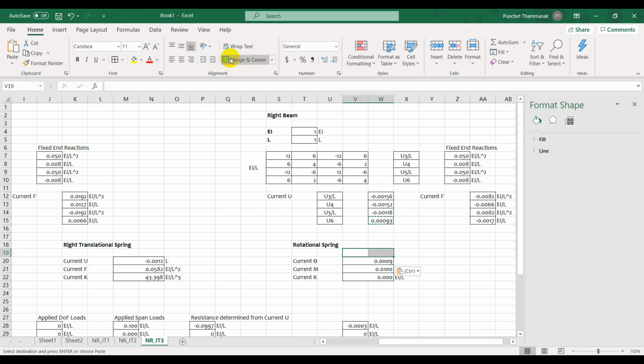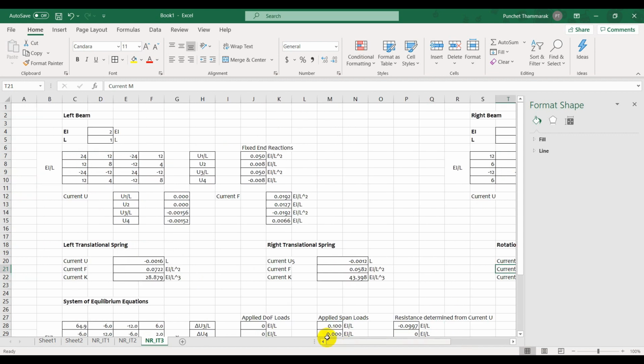Basically, it should make it like saying this is U what? U5, right? Current theta or current U6. Yeah. Current U4.